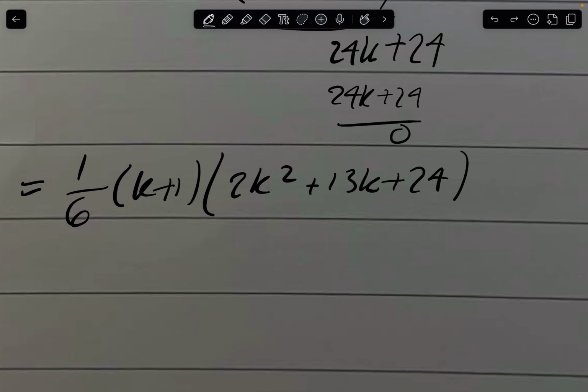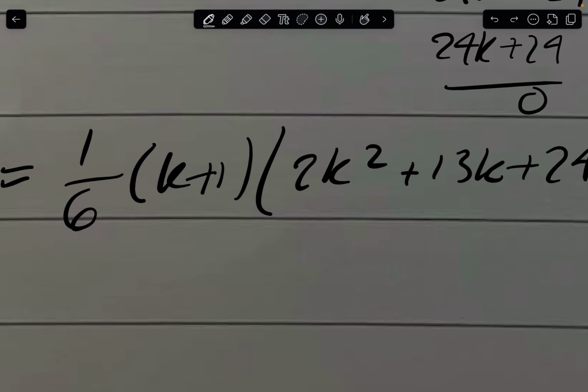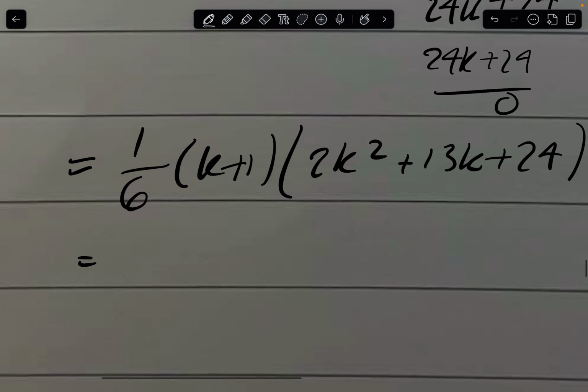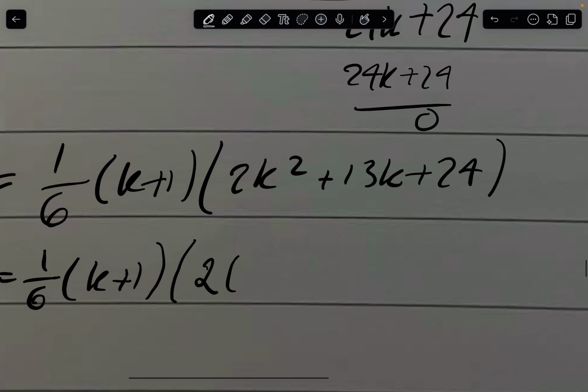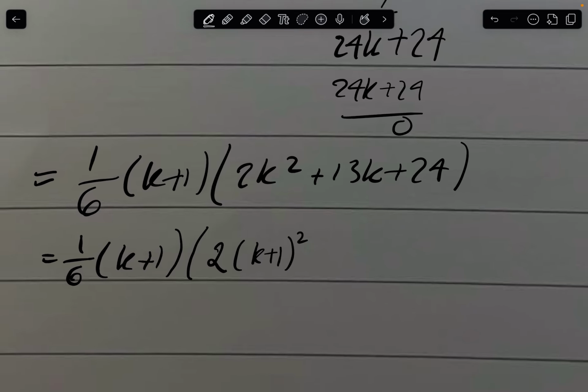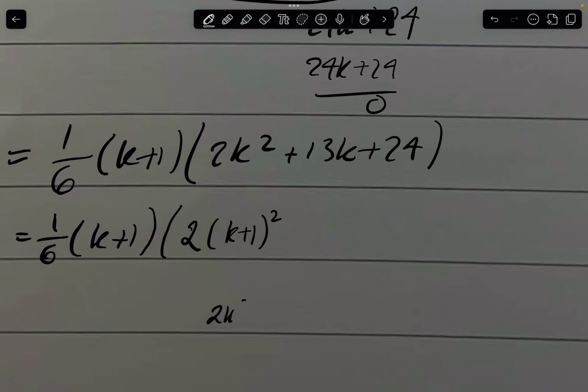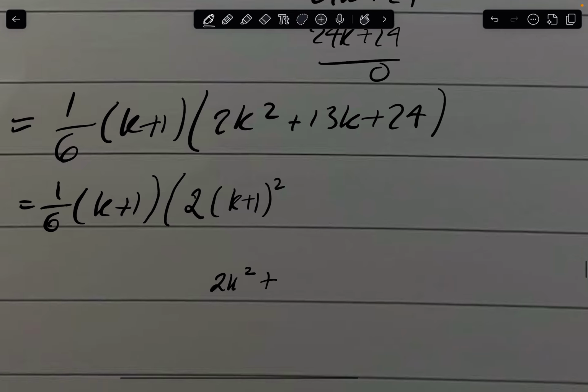If I want to change this to k plus 1 all squared, then that will be 2k squared plus 4k and then plus 2.